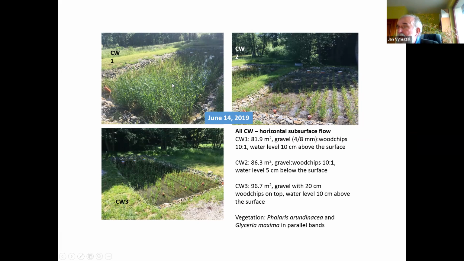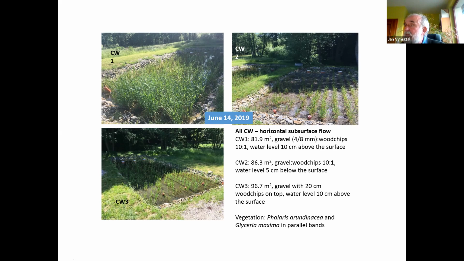Wetlands 1 and 2 are filled with gravel, 4 to 8 millimeters, and wood chips, in a 10 to 1 ratio. Because we tried to get at least some difference, CW1 is 10 centimeters above the surface, so there is a combination of surface and subsurface flow.